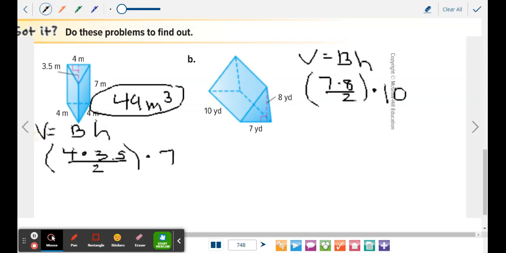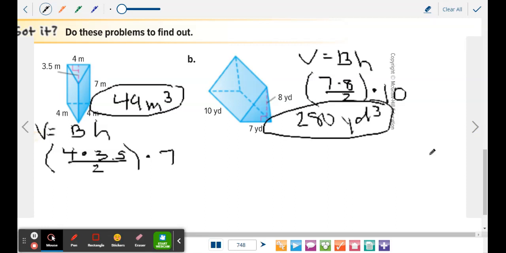Raise your hand when you got it. Jersey, what'd you get? 280 yards cubed. Okay. Any questions on this?